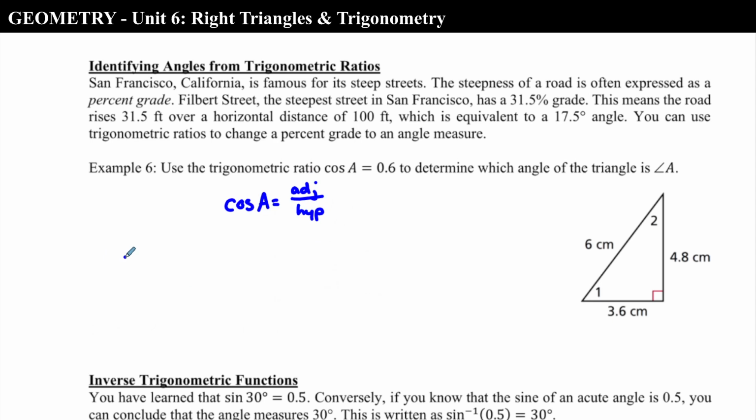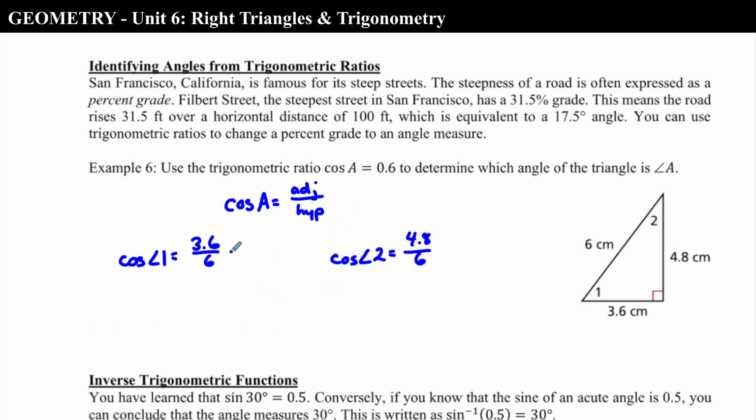So let's find what the cosine of angle 1 is. Well, cosine of angle 1 is going to be adjacent over hypotenuse. So that's going to be 3.6 over 6. Our cosine of angle 2 is going to be our adjacent here, 4.8 over our hypotenuse of 6.